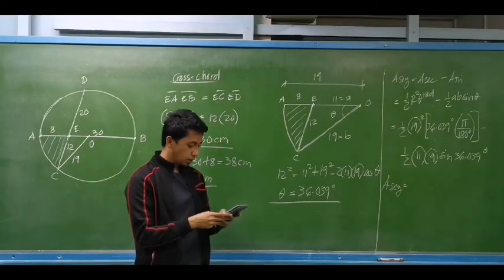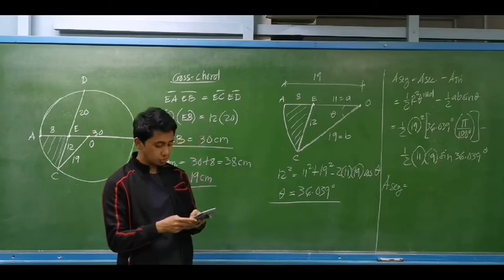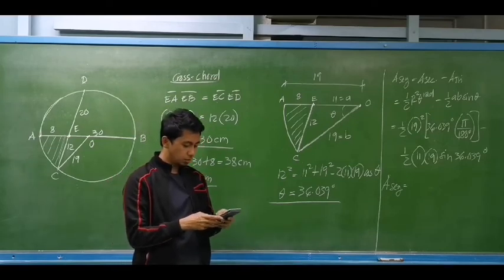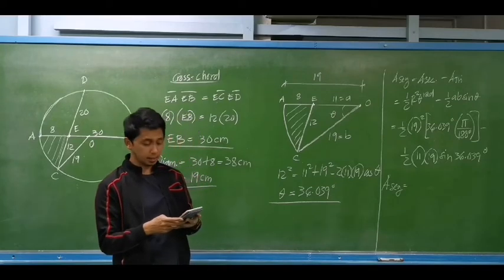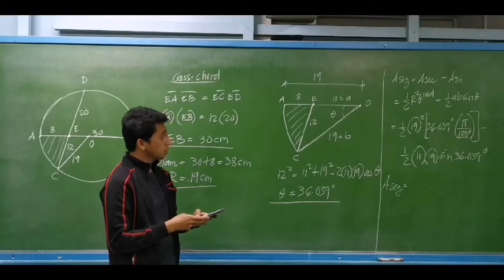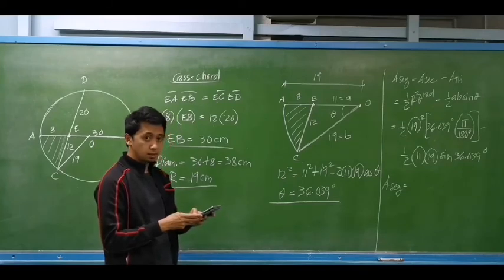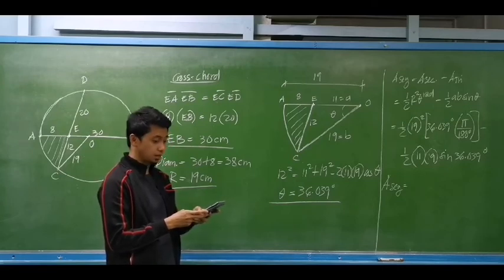That is 1/2 of 19 squared, central angle 36.039 degrees times pi over 180 para maging radian siya. Then minus 1/2 of 11 by 19 sine of 36.039 degrees.